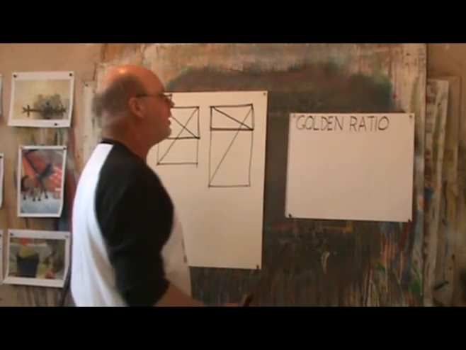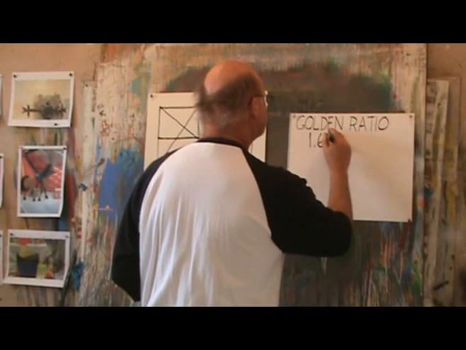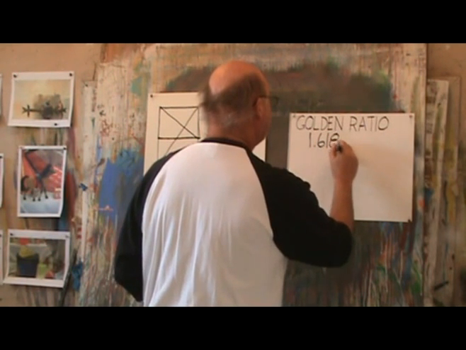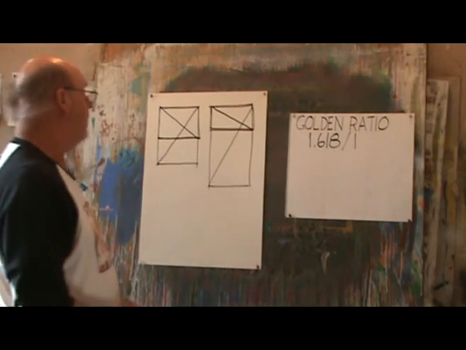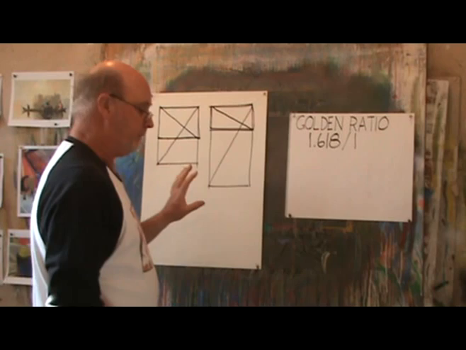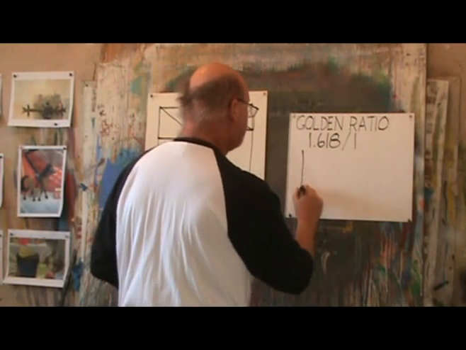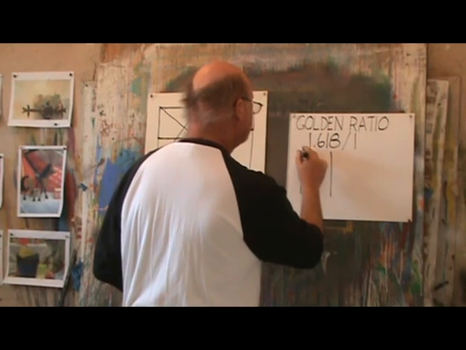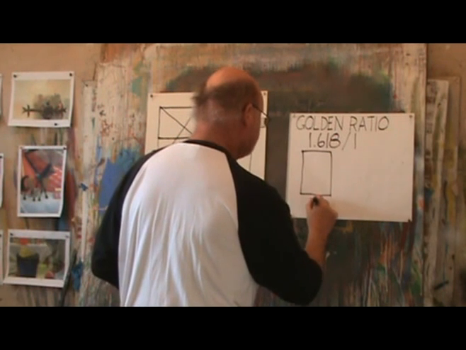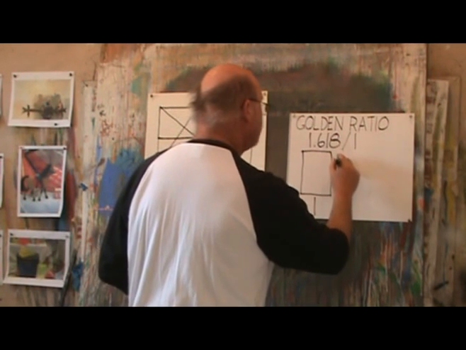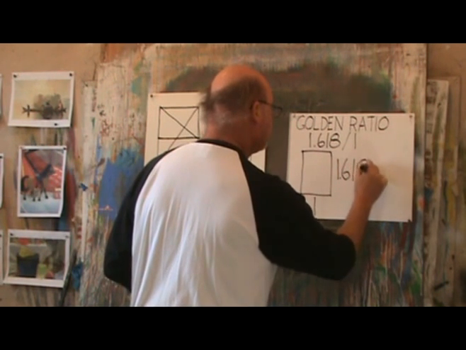And that ratio is 1.618 to 1. And so that means that if you have a rectangle like so, the short edge is 1 and the long edge is 1.618.